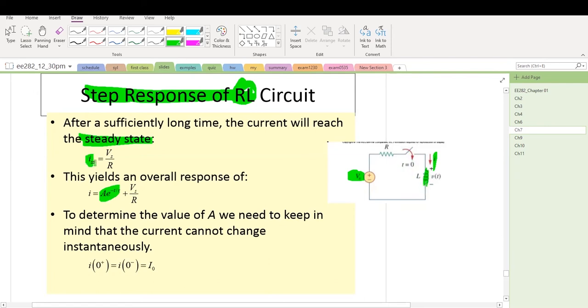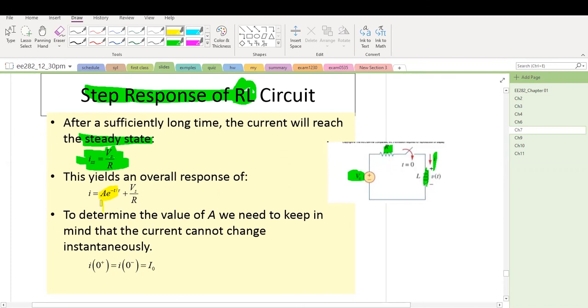So the current as time goes to infinity, that's the steady response of the current flowing through the inductor, equals Vs divided by R. That's this portion here. The transient response must have this form, A e to the power minus t divided by tau, and tau equals L divided by R.